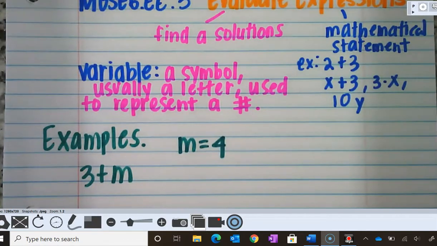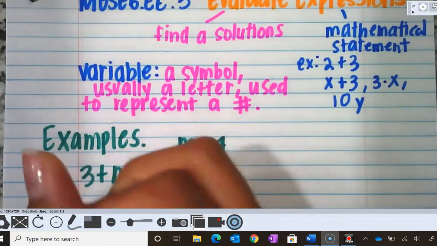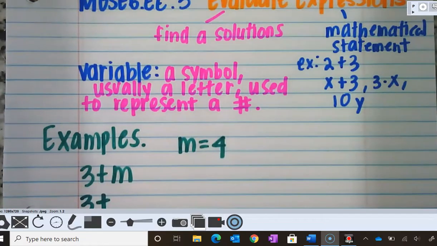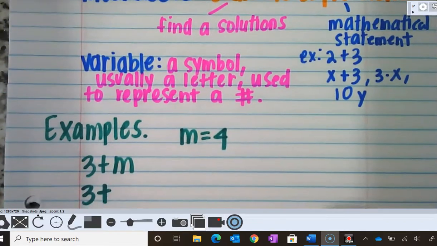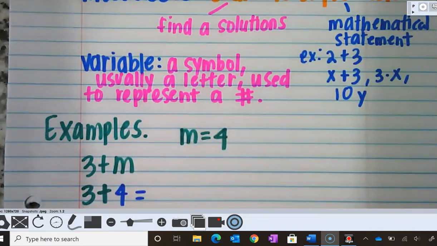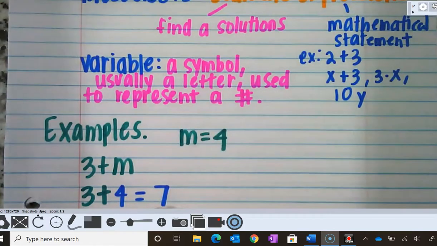All right, if m is equal to 4, well, 3 plus m, I can just replace this m with the number 4. So let's go ahead and do that. That changes this problem to 3 plus 4, and my answer is now 7. So 3 plus m, when m is equal to 4, my solution, when I evaluate the expression, is 7.